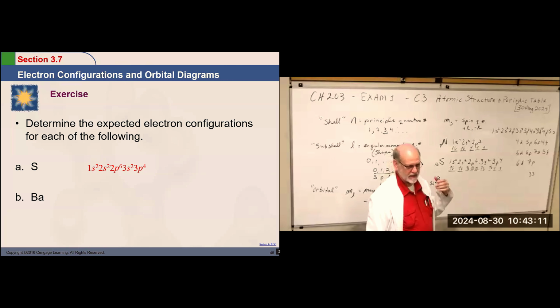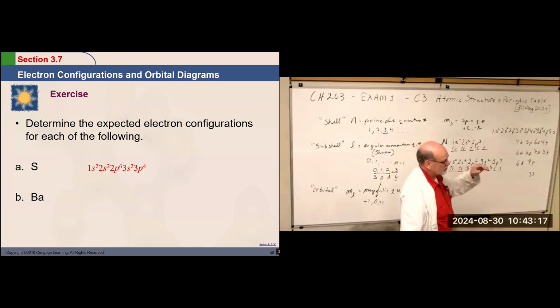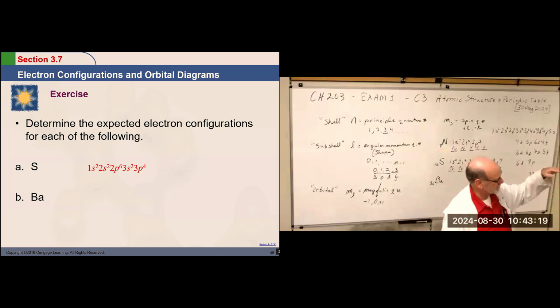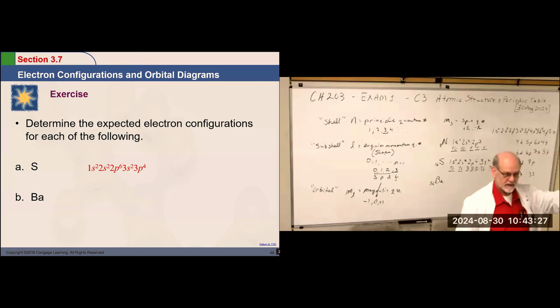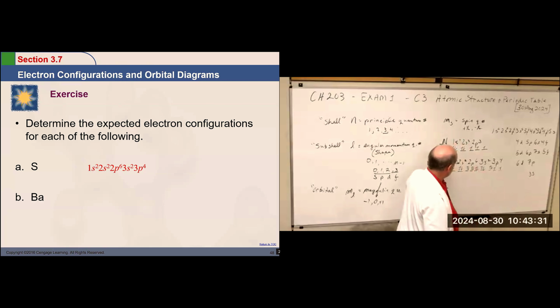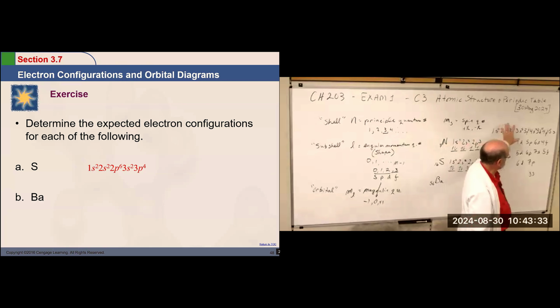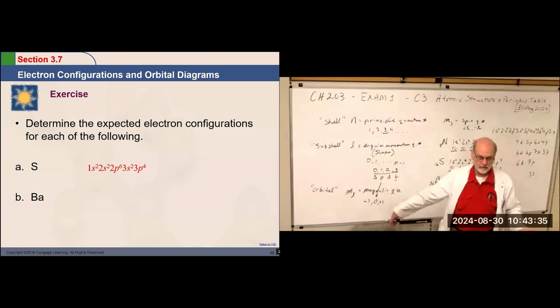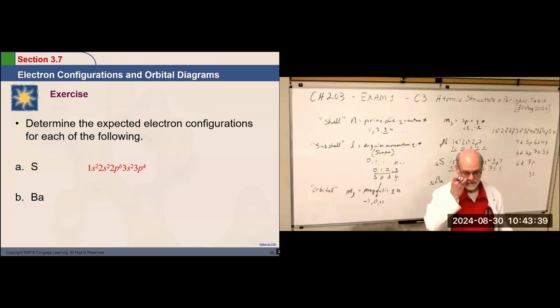We use an abbreviated condensed version. Look where barium is. It's in the 6th period. If you back up to cesium and then back up to the next period, we'll go down to xenon. Characteristic of the noble gases, all of the shells, all of the orbitals in noble gases are completely filled.